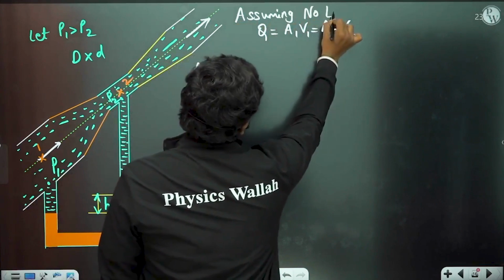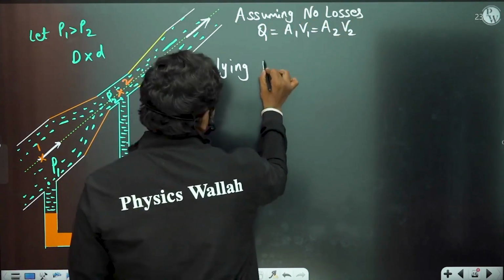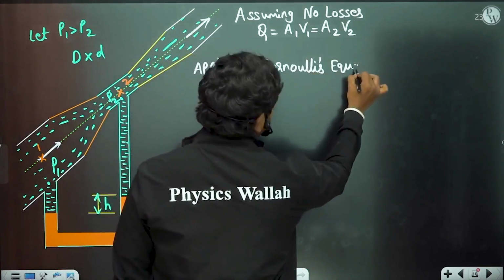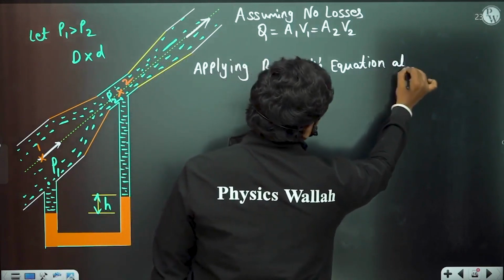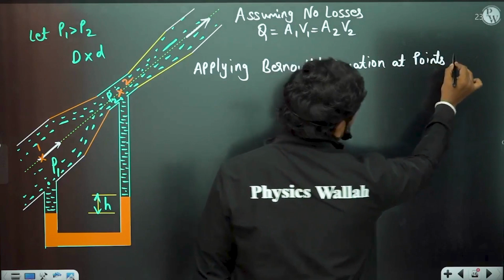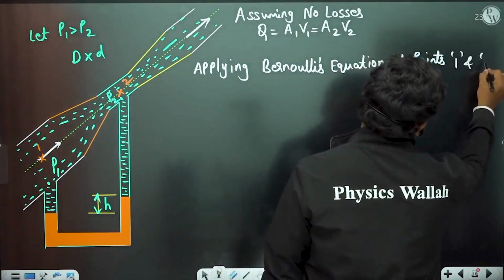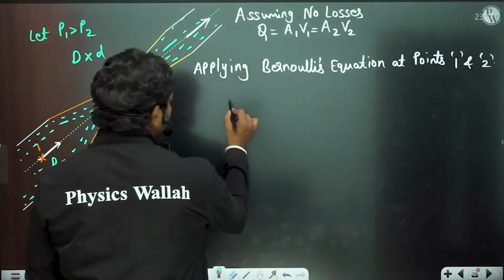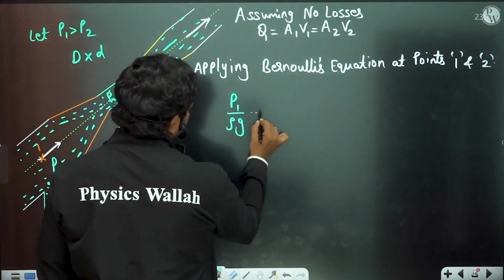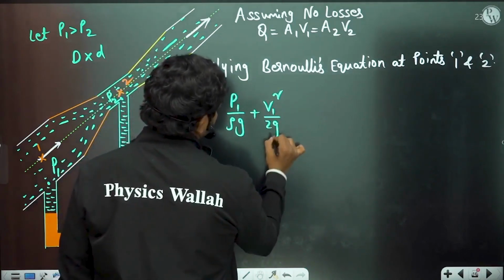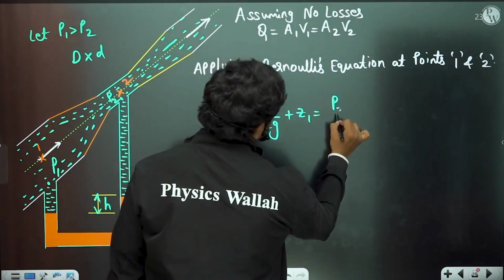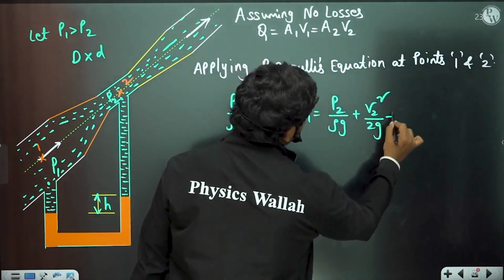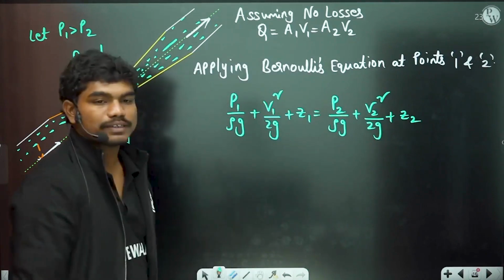So if you apply Bernoulli's equation at points 1 and 2, then P1 by rho g plus V1 square by 2g plus Z1 is equal to P2 by rho g plus V2 square by 2g plus Z2. This is what you have from Bernoulli's equation if you neglect losses.